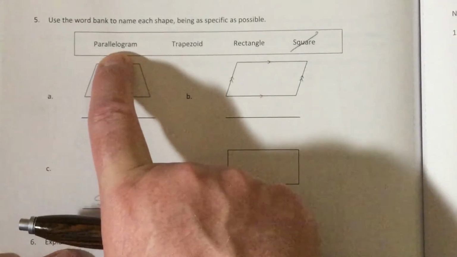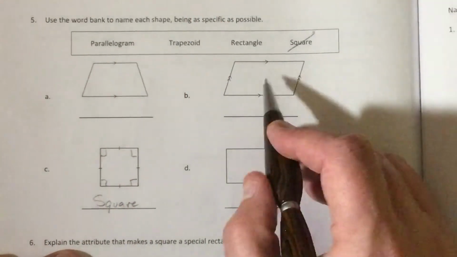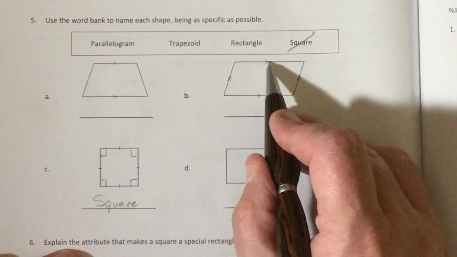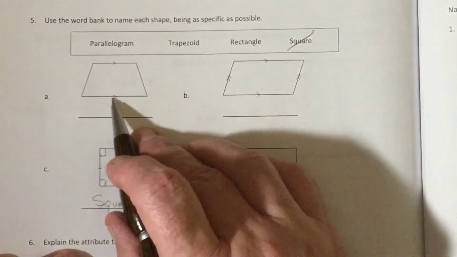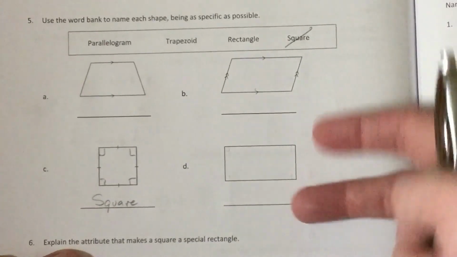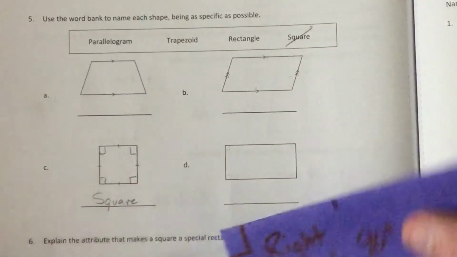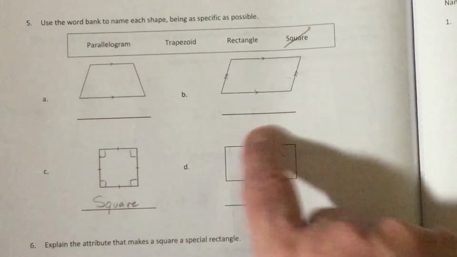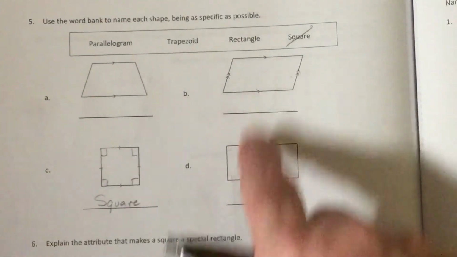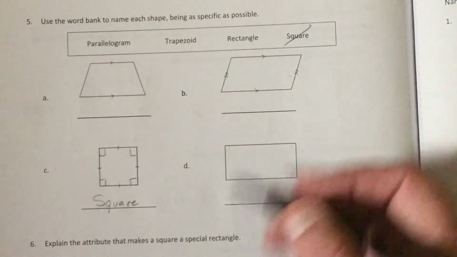I know the definition of parallelogram has 2 sets of parallel sides. This has got 2 sets of parallel sides. They're marked. This one only has 1. This one's not marked. Both of these are parallelograms because they've got the right angles marked. So they're both parallelograms, but I need to be as specific as possible.